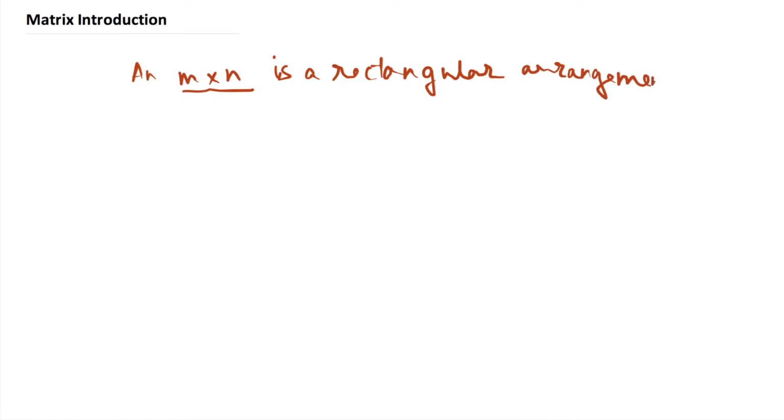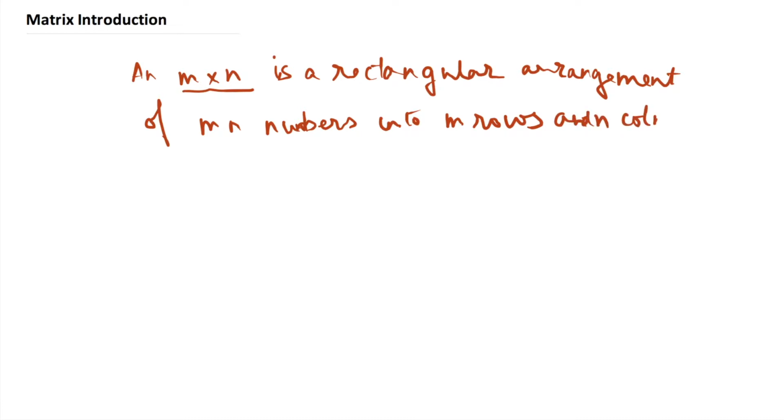An M by N matrix, read as M by N, is a rectangular arrangement of mn numbers into m rows and n columns. Okay, and so let me give you an example here.